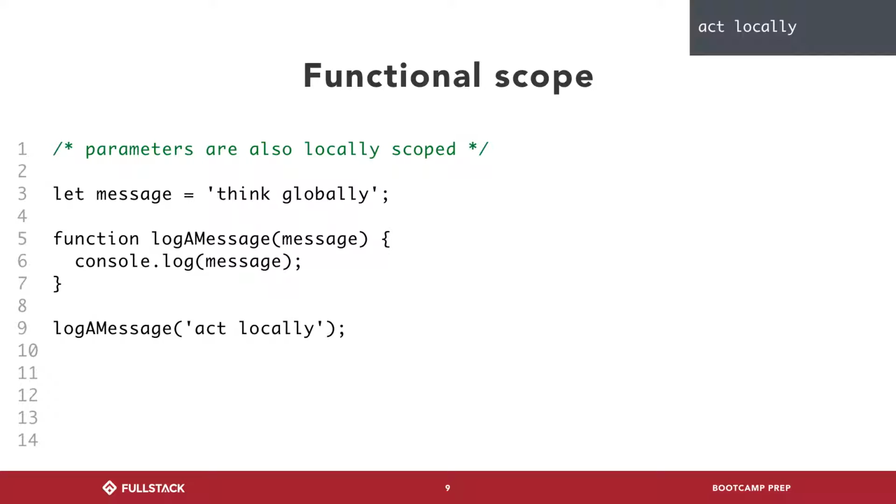If I console log out message on line 10, for example, it wouldn't look inside here, because we can't look into child scopes, and also because message just doesn't exist there. If we call this MSG, for example, inside here, we can't use it anywhere else outside of that function. So parameters are also confined to the function in which they are defined.